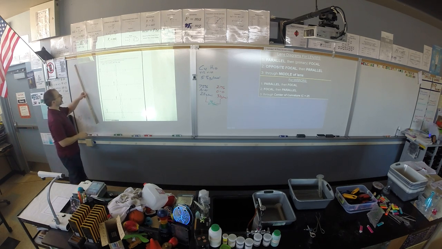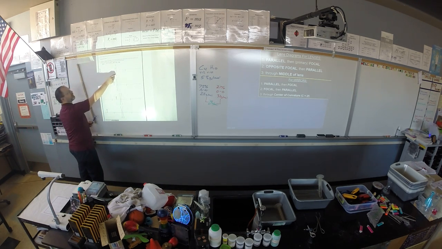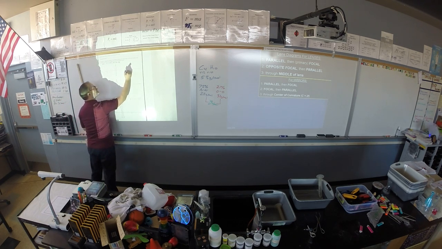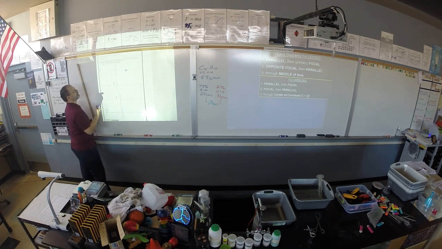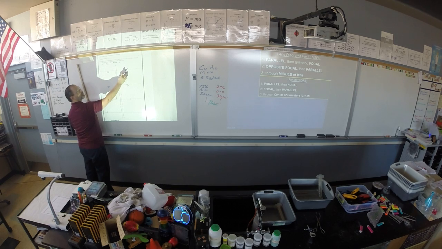So for a convex lens, a converging lens, this is focal point number 1. This is focal point number 2. Primary focal point, secondary focal point. Focal point, opposite focal point.